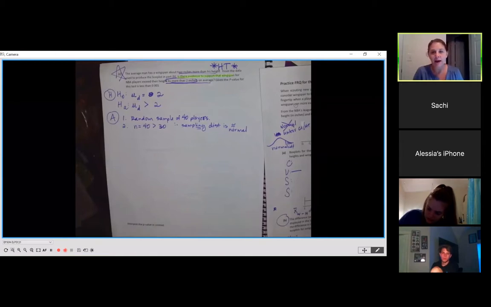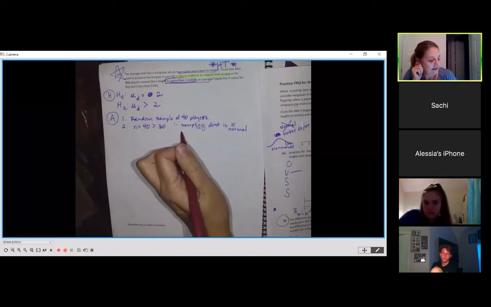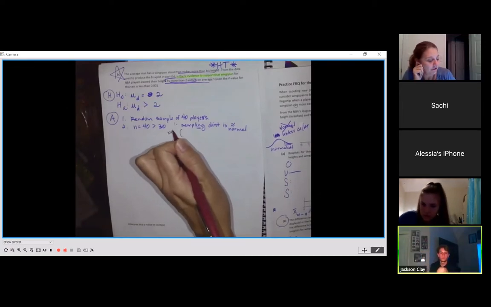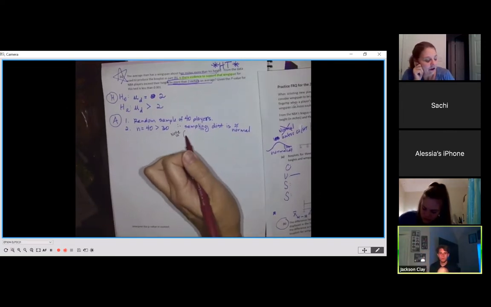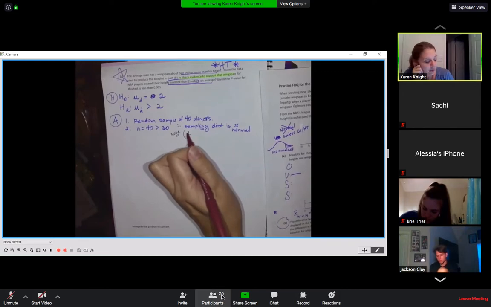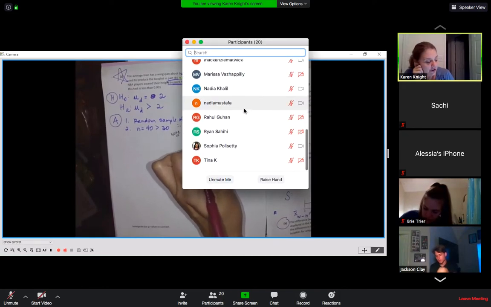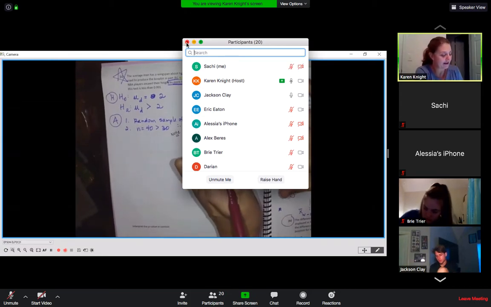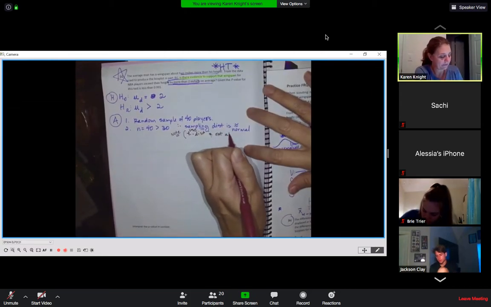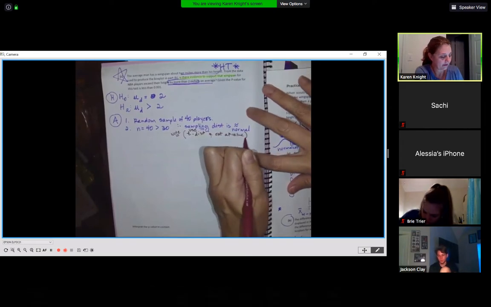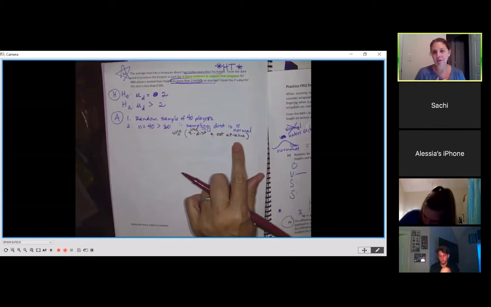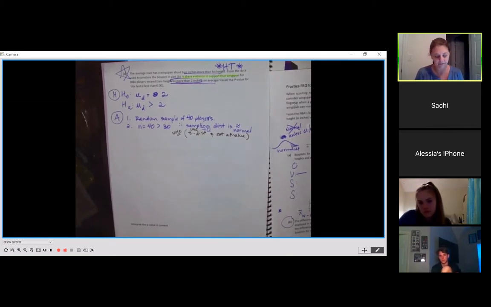Okay, now sidebar. Why do we care? Note to self. Now we're able to use, it's a mean, so we're able to use a t-distribution. And we're able to estimate a p-value. That's why we care, because then you're able to say, oh, based on that probability, we can reject or fail to reject the null.